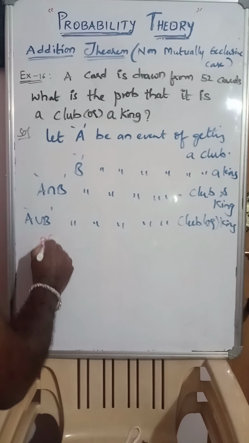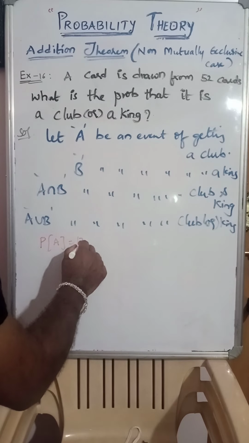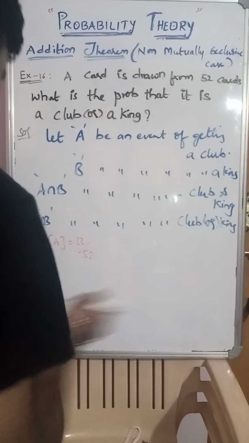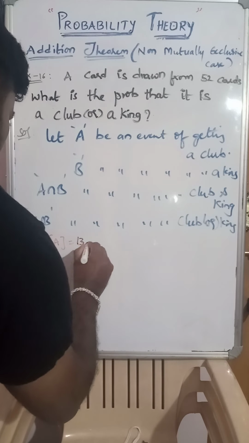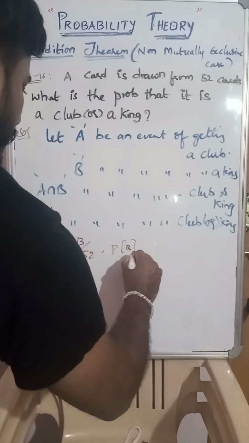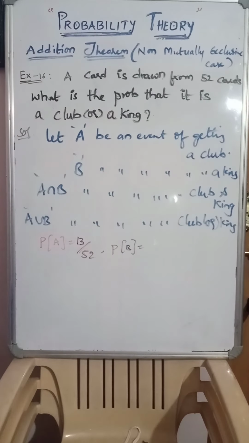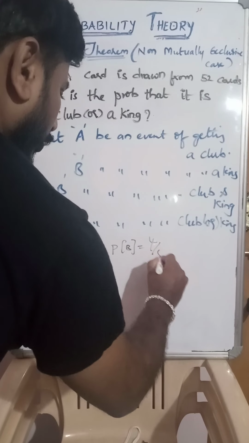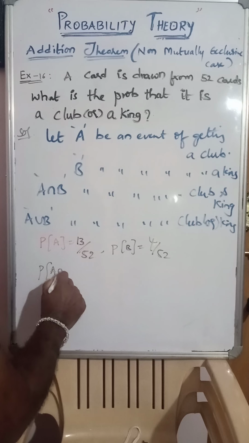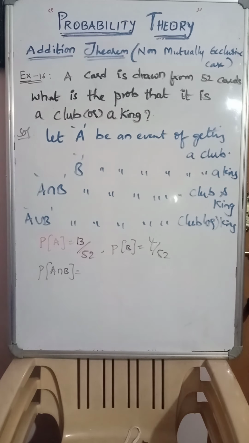Therefore, P of A is 13 by 52. So probability of B becomes, how many king cards will be there? 4 by 52.